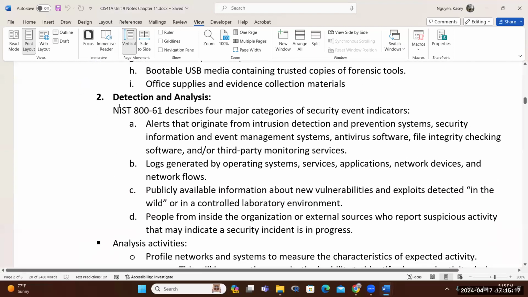If you refer to NIST documentation 861, it's going to give you the categories of indicators. Incidents, normally you can detect through alerts, logs, public knowledge, or technical information that's available.